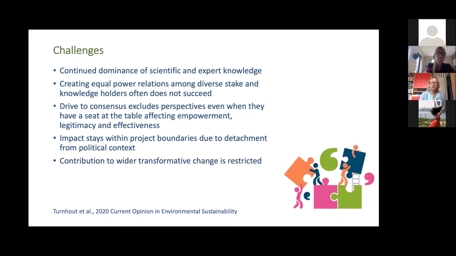So it stays within the box of these project boundaries, which to some extent is also the reason why it can happen in the first place. So it's almost by design detached from the wider political context, which of course restricts the contribution of these approaches to wider transformative changes that might be considered needed.